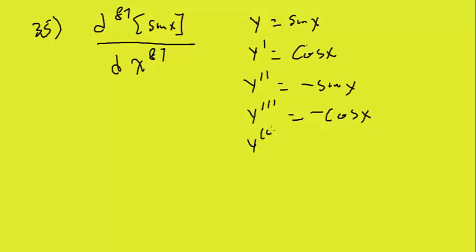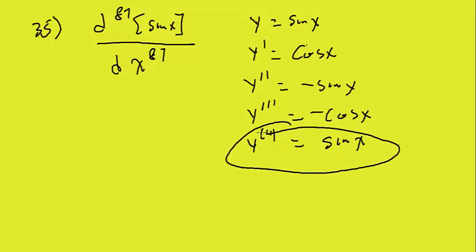What's the fourth derivative? It looks like we're going in circles. It reminds me of something you do on Friday quizzes. So it looks like this thing repeats after every 4 derivatives.